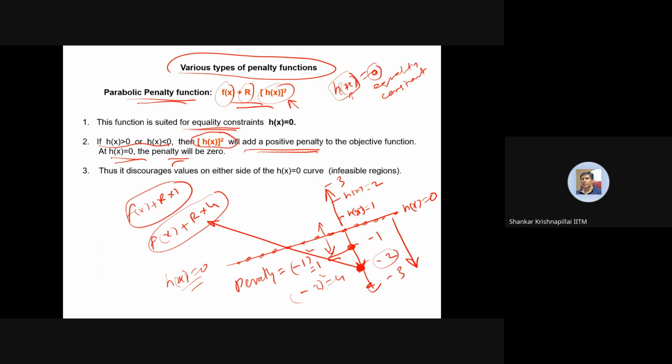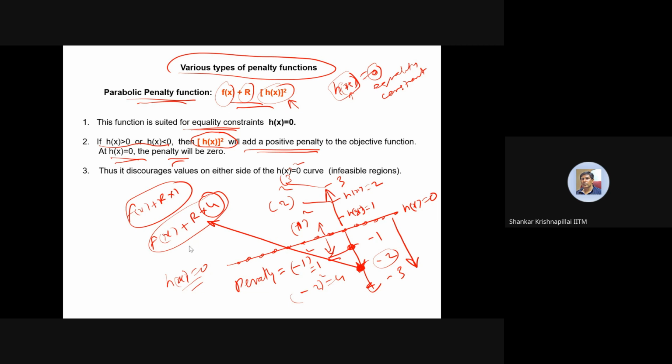Similarly, if you go on the upper side, it will be 1 squared, 2 squared and 3 squared.